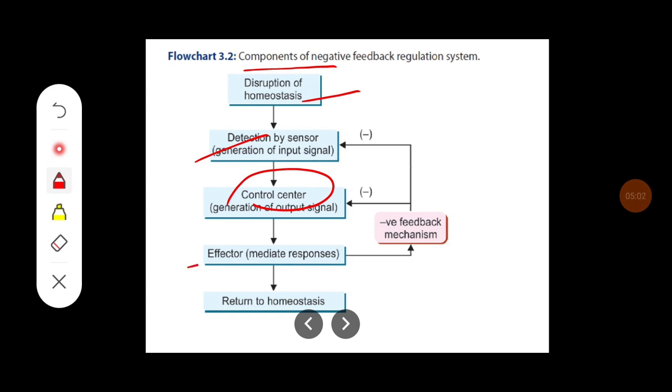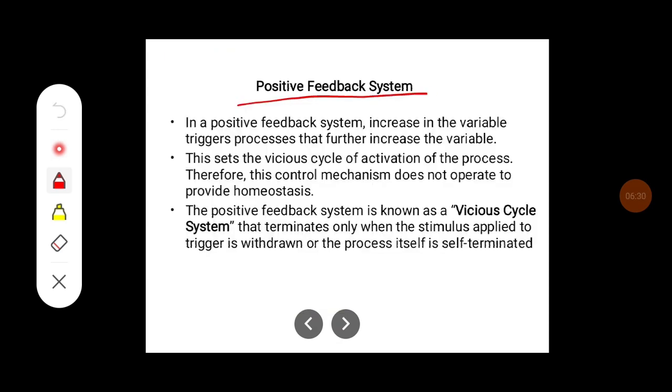So that leads to the effect, which can be a response, and that will help in return to homeostasis. But meanwhile, some of the responses will send signals to the control center to control the controller activity, and they in turn can inhibit the sensitive feedback mechanism.